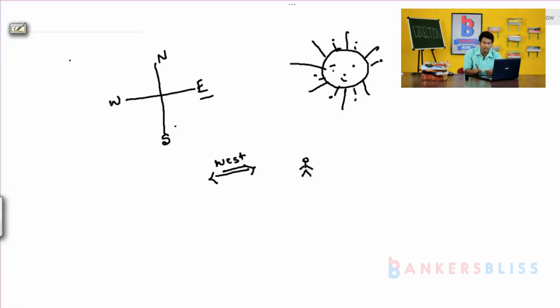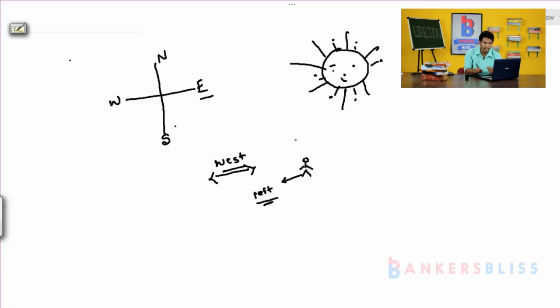In the morning the sun rises in the east, so this person's shadow will be on his left. What it indicates is that the sun rises in the east, the person is standing, and the standing person's shadow is represented on the left side.